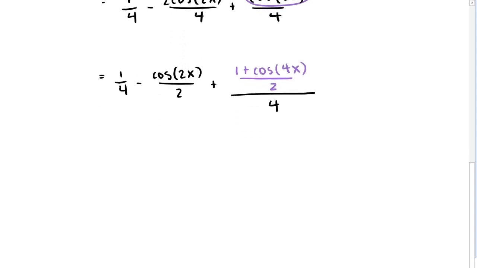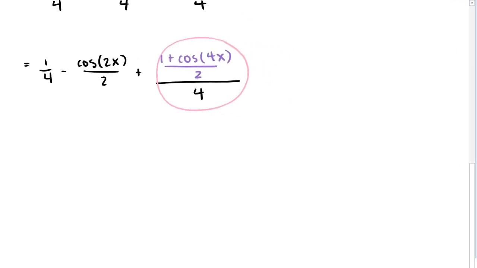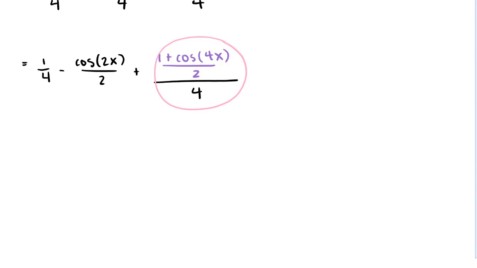Okay, and so we're almost there. Maybe let's really make sense of this last term here. This is like saying we have 1 plus cosine of 4x divided by 2, and we're dividing it by 4. And to divide by 4 there, that can be rewritten as multiplying by the reciprocal, so multiplying by 1 over 4.